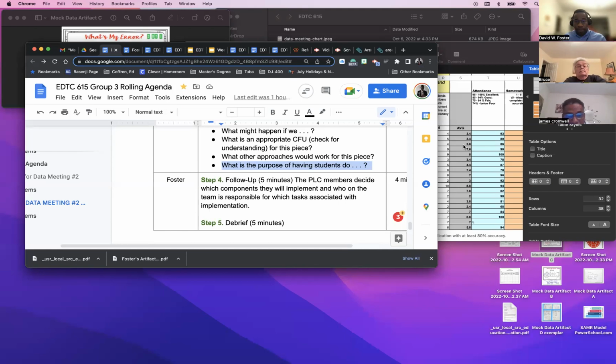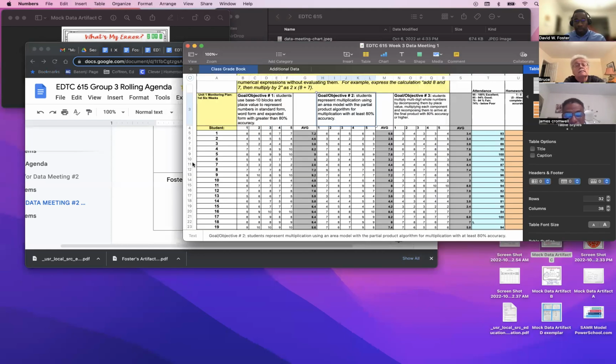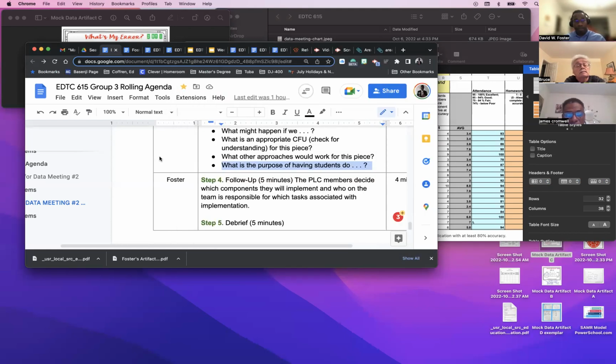Okay. And seeing how we all agree that student artifacts are very significant, very prominent, I think the next component we should implement is to create, what's the term? Common assessments. Let's make sure.